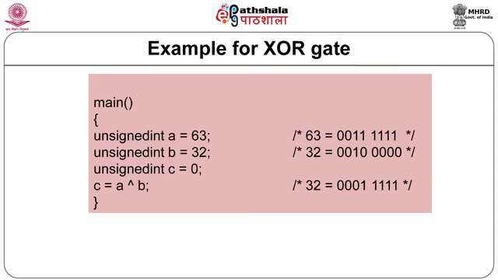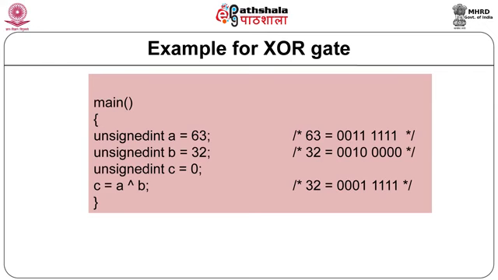This is the binary of 63. The binary of 32 is also given, and here we are considering C equal to A XOR B. It means A binary and B binary are XORed, and the result will be stored in C.